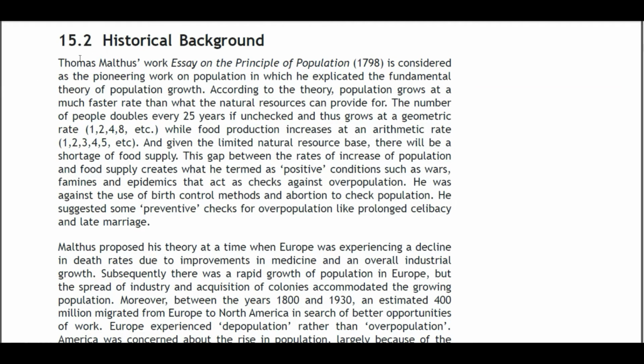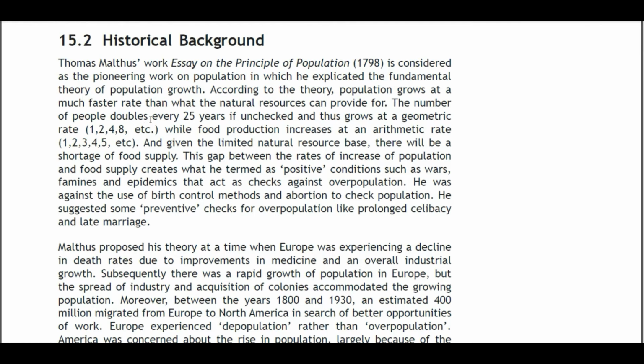15.2 Historical Background. Thomas Malthus' work, Essay on the Principle of Population, in 1798 is considered the pioneering work on population, in which he explicated the fundamental theory of population growth. According to the theory, population grows at a much faster rate than what the natural resources can provide for.